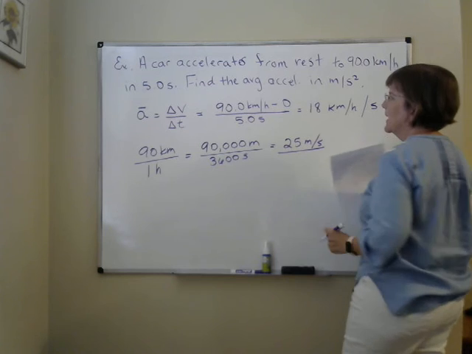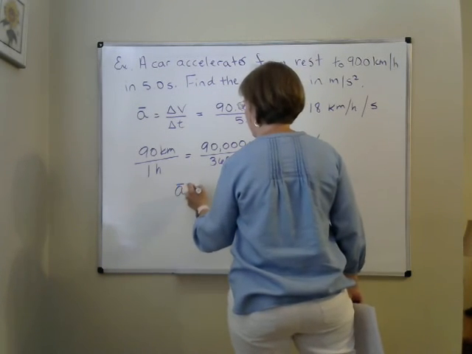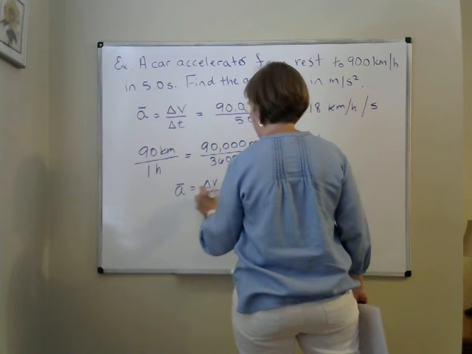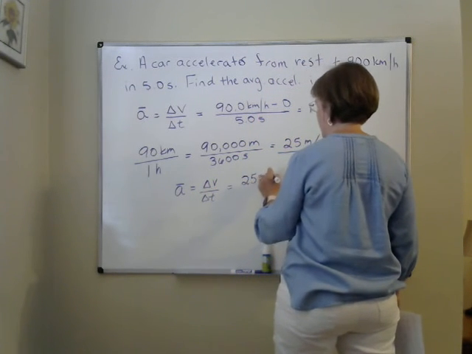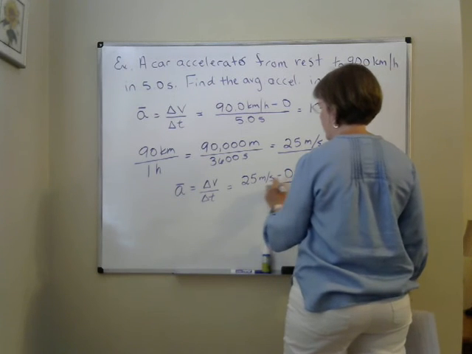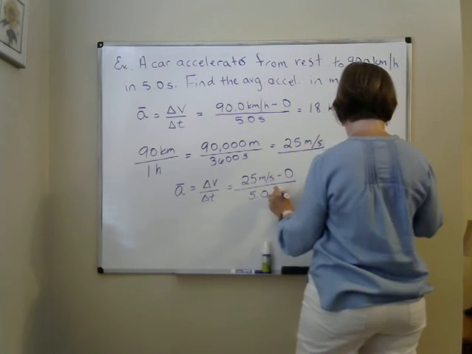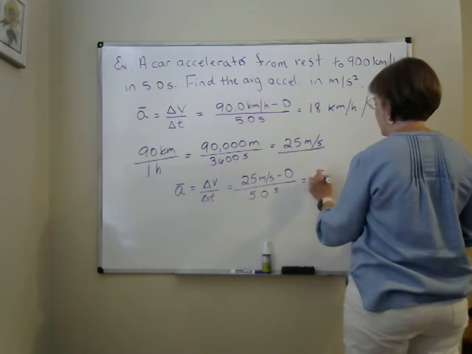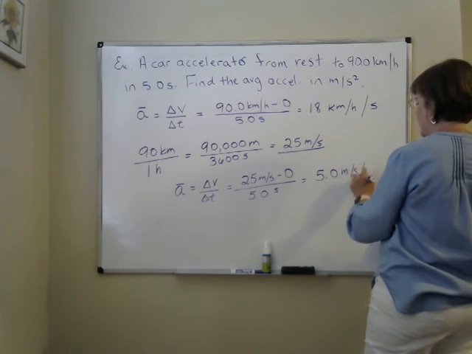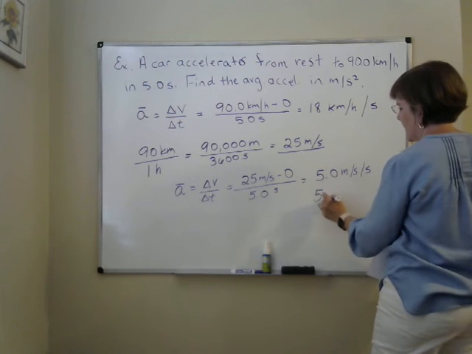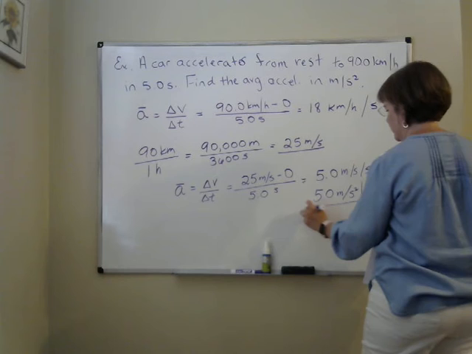If I use that instead of 90 kilometers per hour, I get an average change in velocity over change in time: 25 meters per second, still started from rest, over 5 seconds. And I get 5.0 meters per second, which we write as 5.0 meters per second squared.